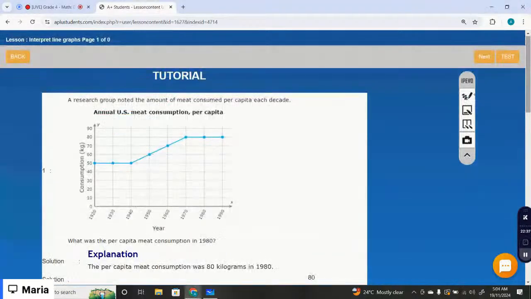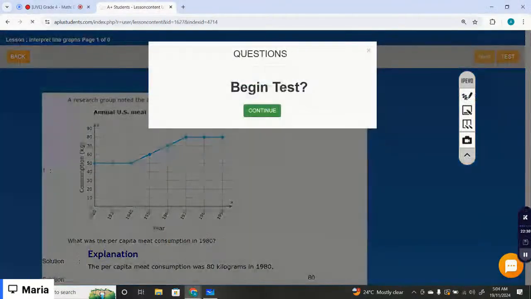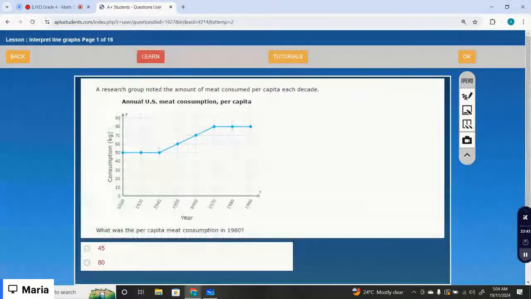Let's just start with the test question. A research group noted the amount of meat consumed per capita each decade. What was the per capita meat consumed in 1980, which is the correct option?